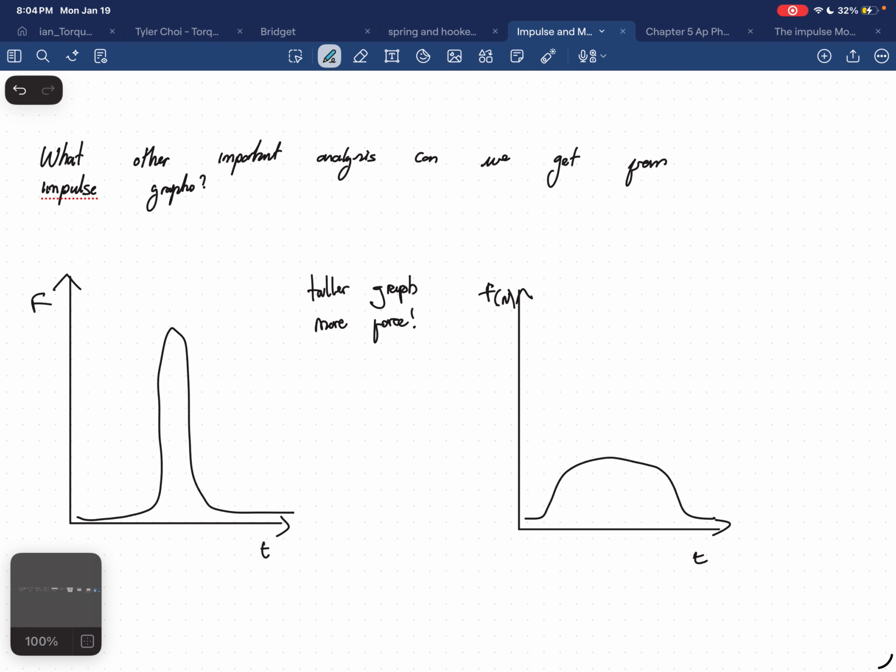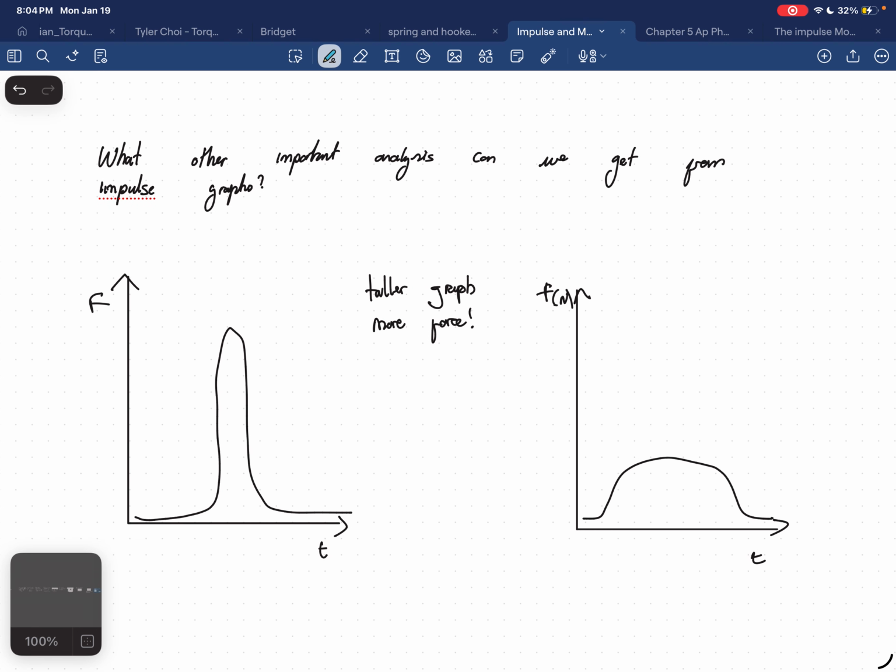What other important analysis can we get from impulse graphs? This is just something to observe. Taller graphs mean a larger force is being exerted. A tall thin graph means a large force has been exerted in a short period of time. A flat wide graph means a small force has been exerted over a large period of time.